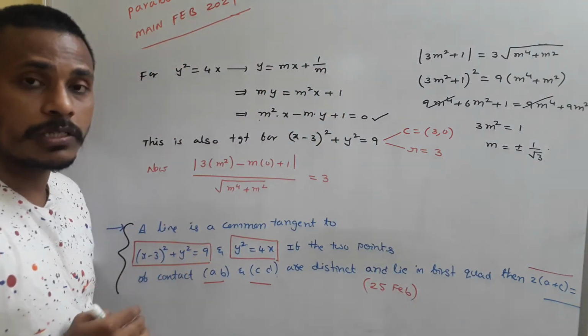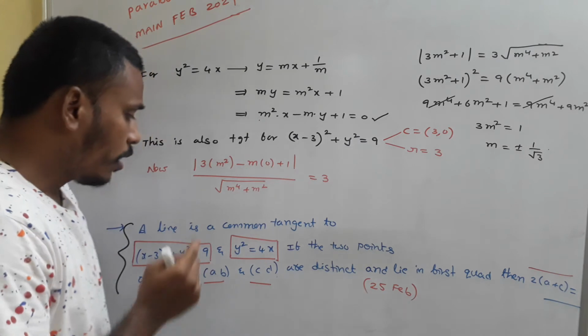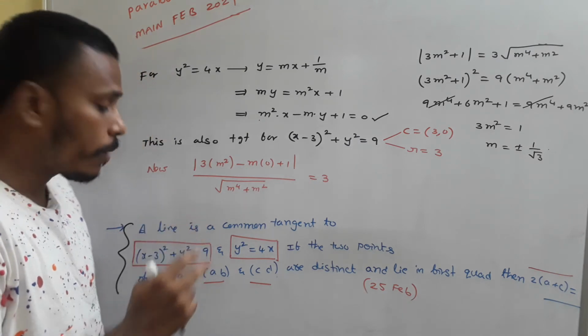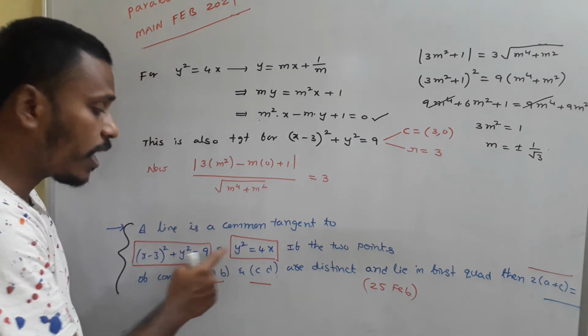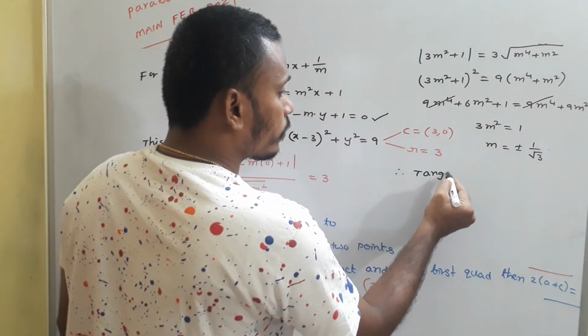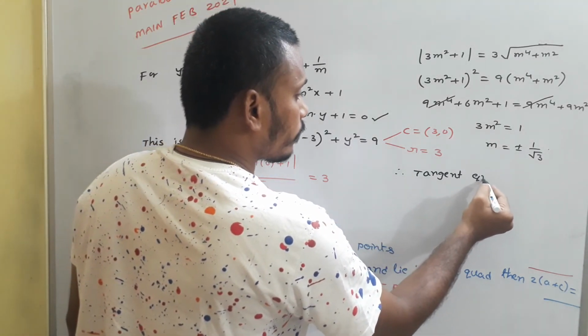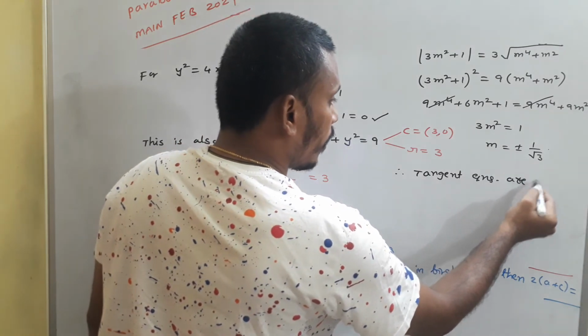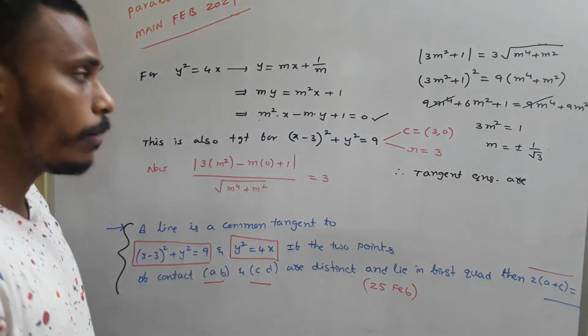Since m = ± 1/√3, it represents that there are two common tangents for the circle and the parabola. Therefore the tangent equations are obtained by replacing m with ± 1/√3.